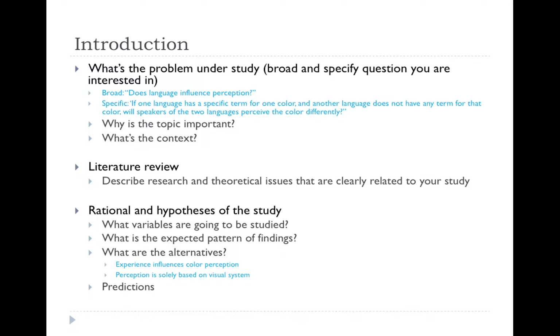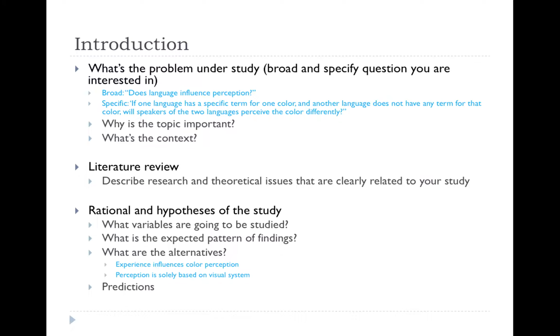One aspect that's really important of an introduction section is you want to tell the reader why this topic is actually important, right? Why do we care to study this topic? This might be where you might cite some statistics of why something is important. Why do we need to learn more about something, and just put it in context?